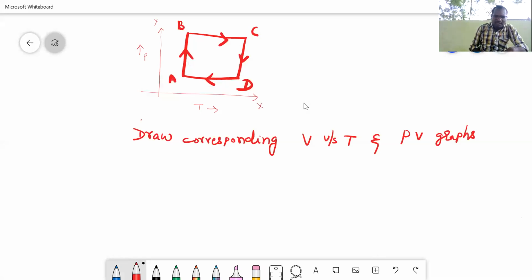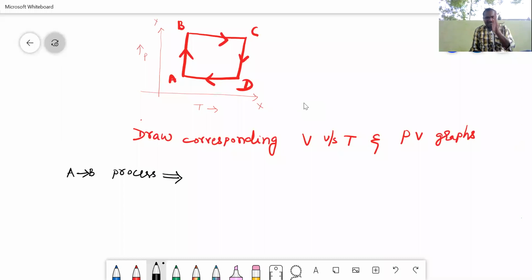See, in the A to B process, what happened? Observe carefully. A to B is a vertical line to the temperature axis, which means temperature is constant.